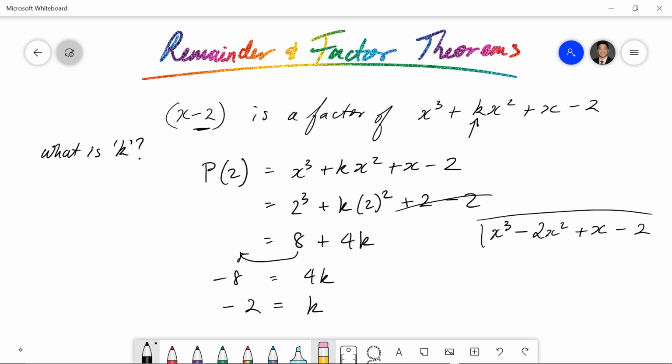If we divided that by x minus 2, I'm going to do the long version, and I'll put p of 2 here again afterwards. The leading term is x squared. x squared times x is x cubed, and x squared times minus 2 is minus 2x squared.